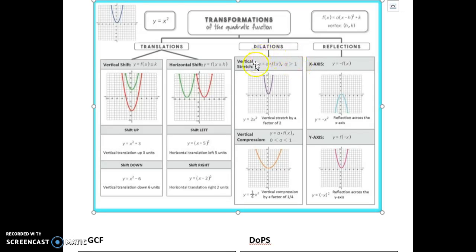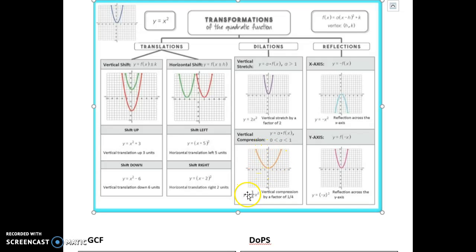You can also dilate. Dilate means get bigger or smaller. When the coefficient is larger than 1, it gets narrower. It's called a vertical stretch because it goes upwards more. I'm so sorry, a compression is when it pushes together or pushes down.